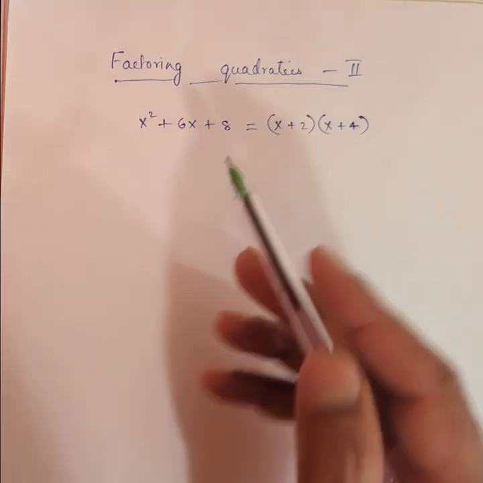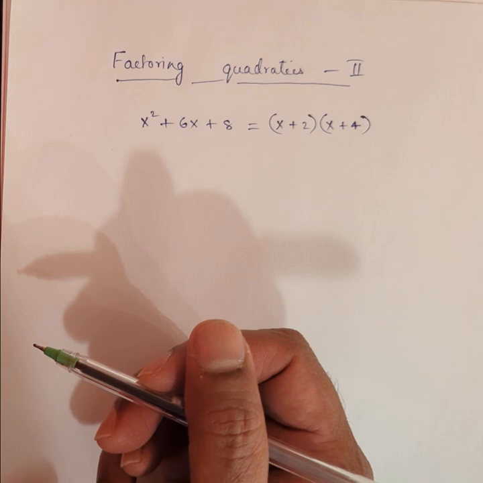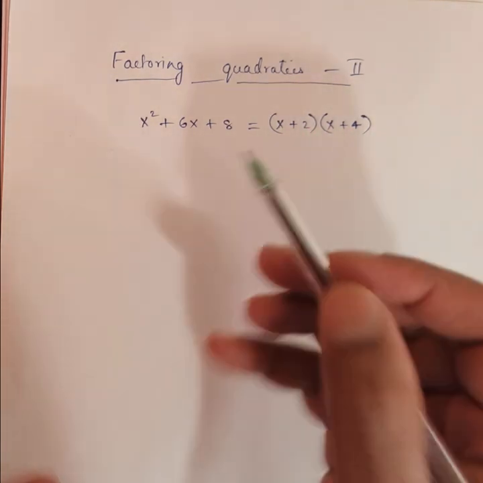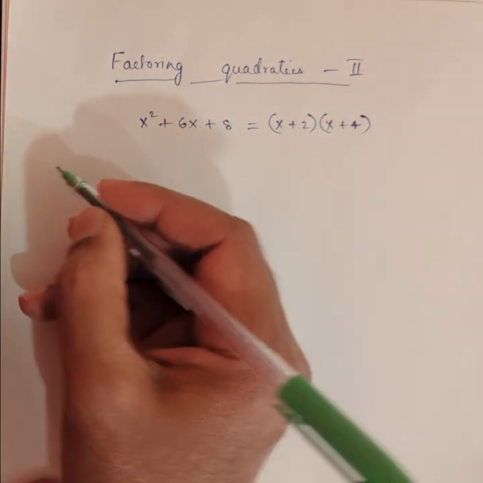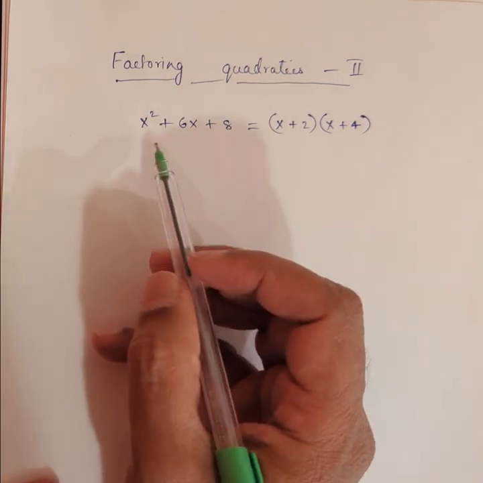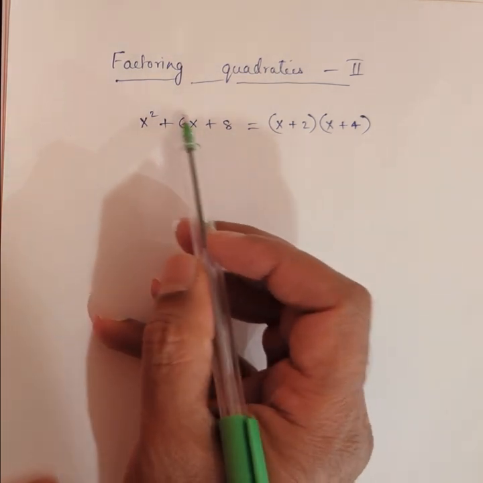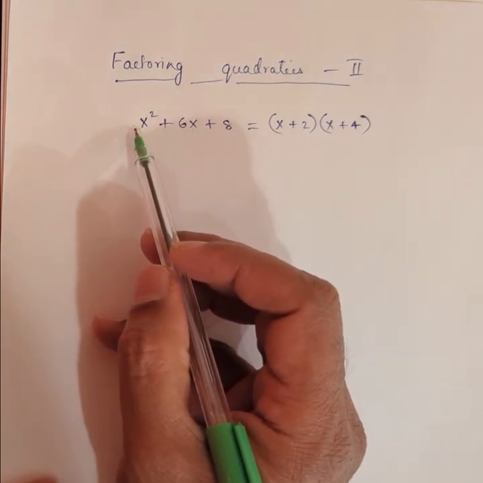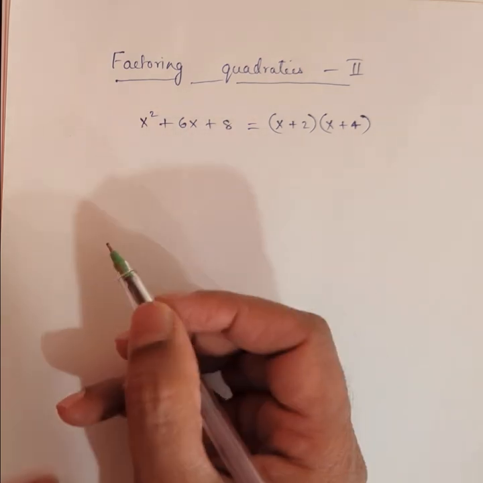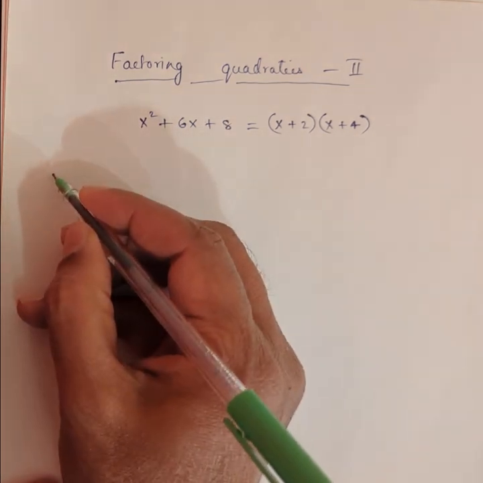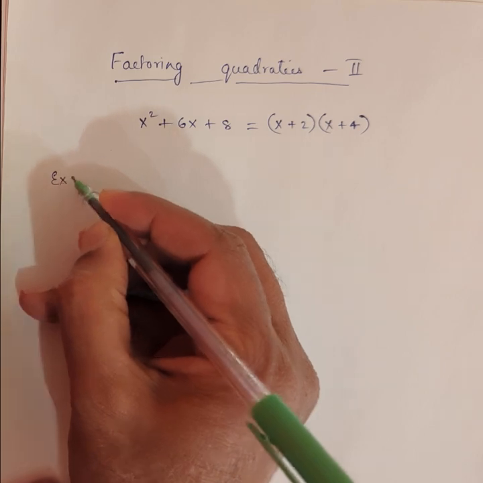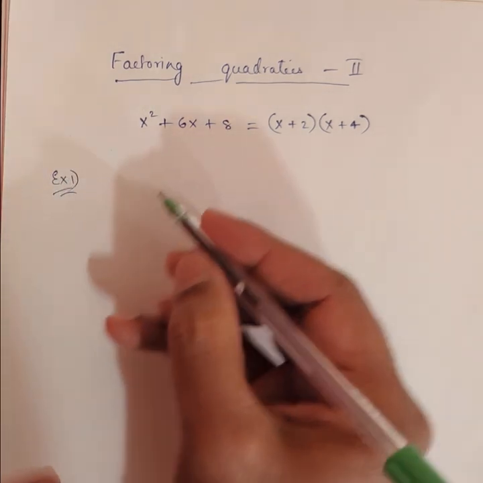So factoring is the reverse of FOILing. When you FOIL, you multiply; here you're factoring. Now, in this video, we'll look at a quadratic expression that does not have x squared coefficient 1, but maybe something other than 1.